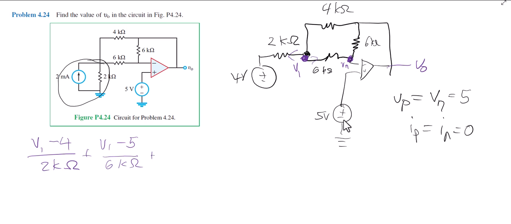Plus, now this, all of this is at V out. So plus V1 minus V out over 4 kilo ohms has to equal 0.